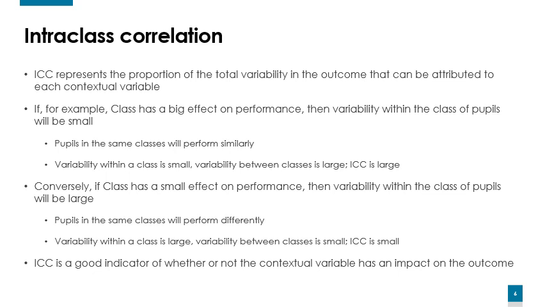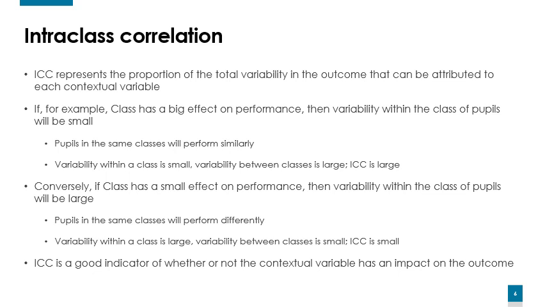So that would say, teacher 1 with class 1, all those pupils are going to perform relatively similarly if class has a substantial effect. When variability within a class is small, variability between classes, i.e. the difference between class 1 and class 2, is likely to be large, and this intra-class correlation is going to return a large value.